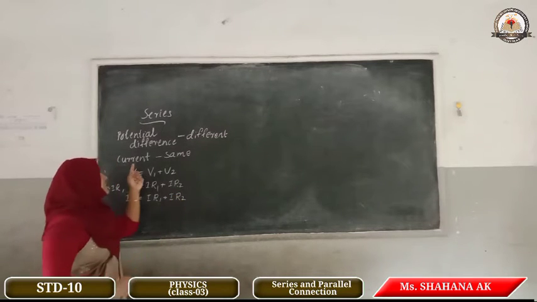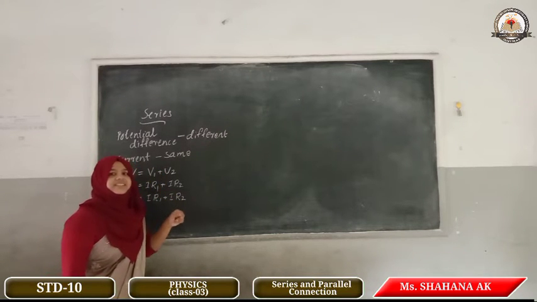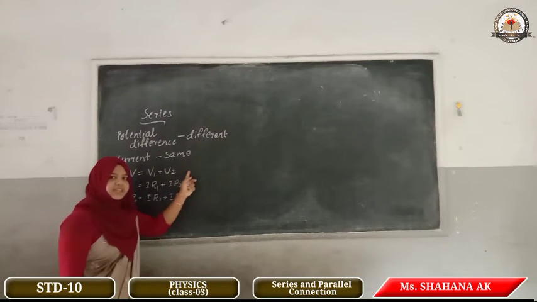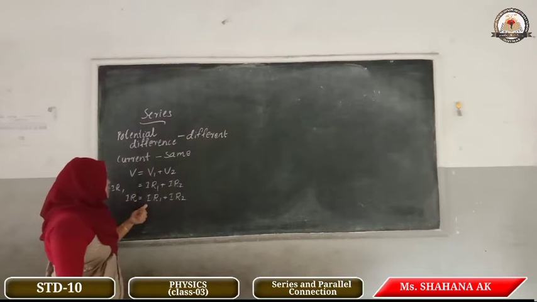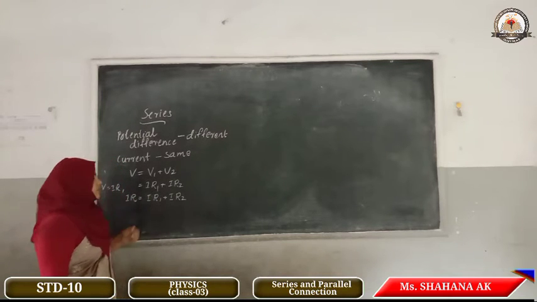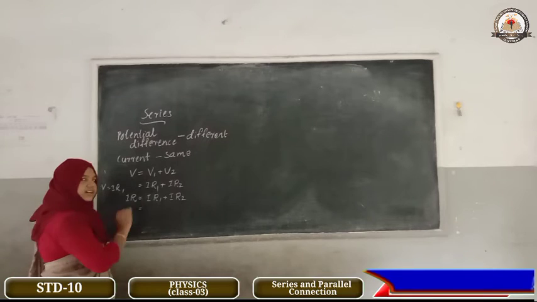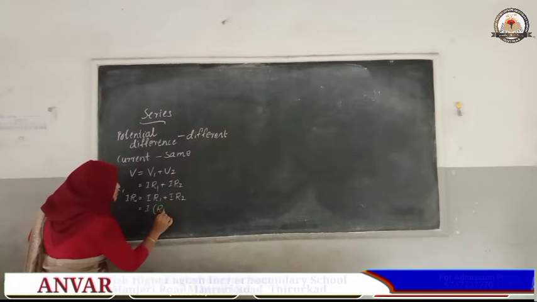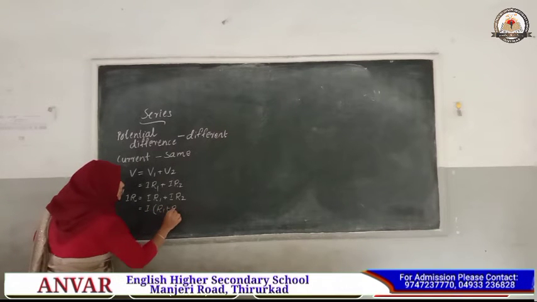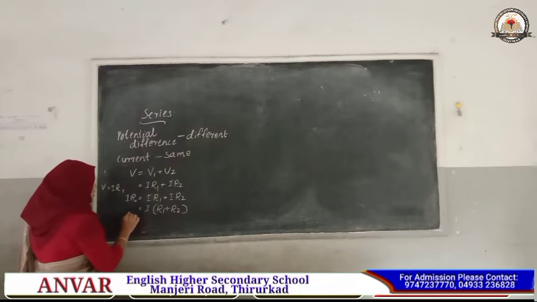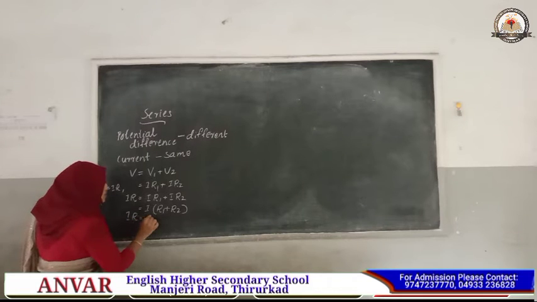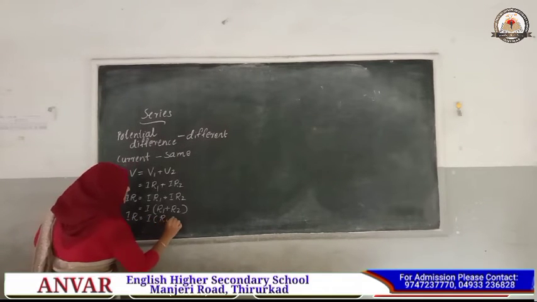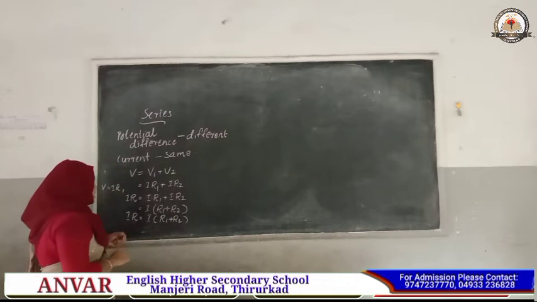We have already discussed that when we are connecting the resistors in series combination, the current across each resistor remains same. So the value of I is same on both sides of this equation. Here we are taking the term current outside. So the equation becomes I into R1 plus R2. So IR is equal to I into R1 plus R2.